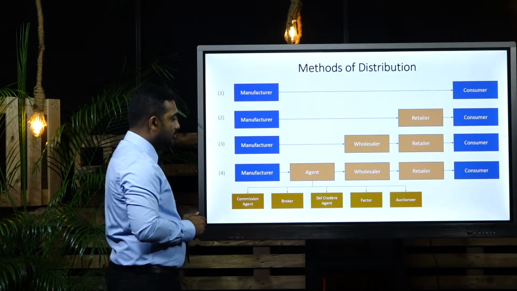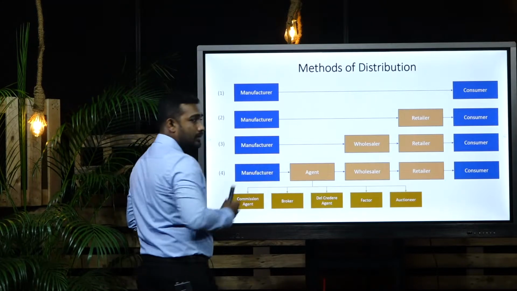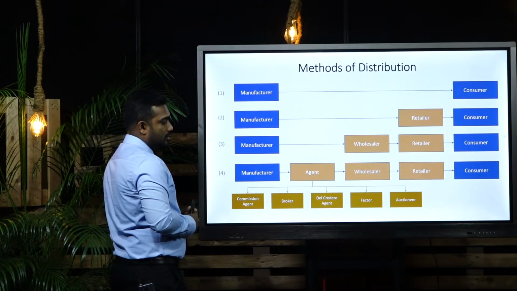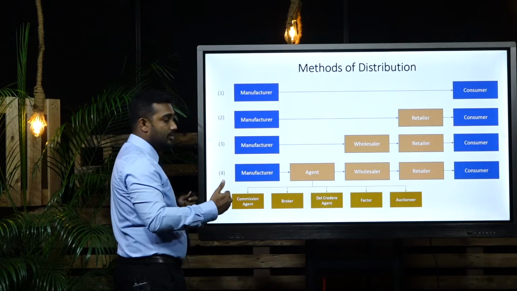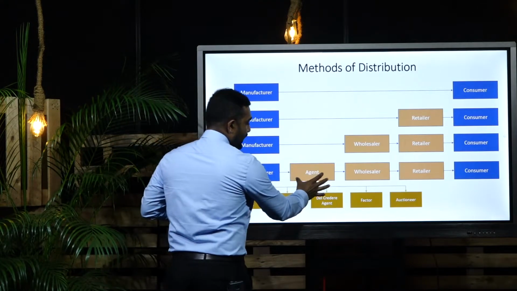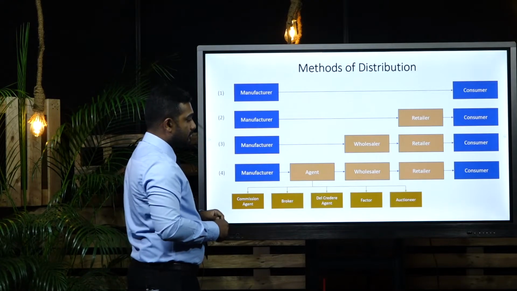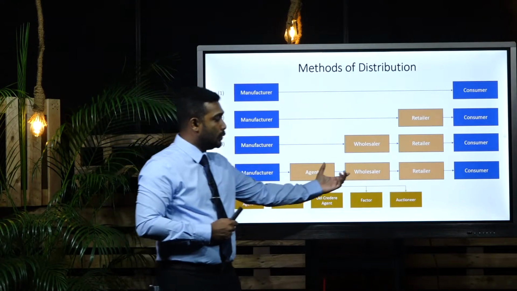And the agent is placed in between. You can see most of the time he plays his role in between the manufacturer and the wholesaler.